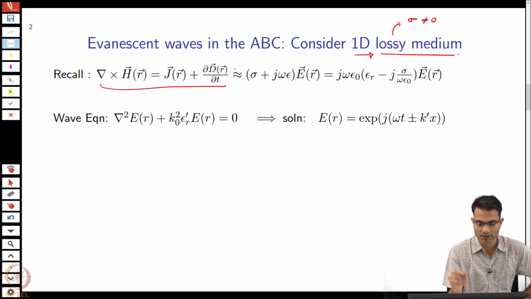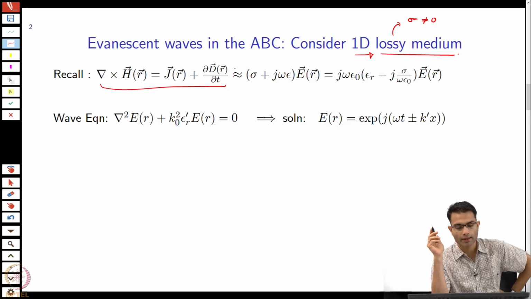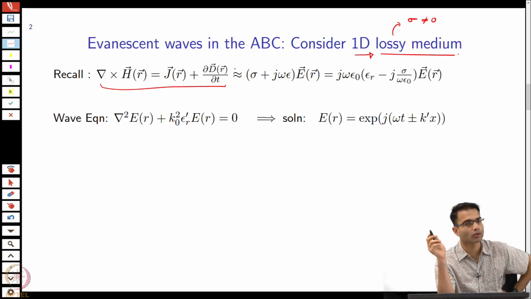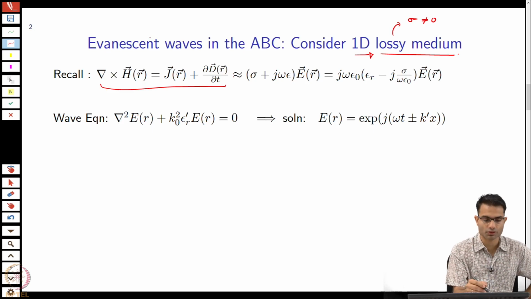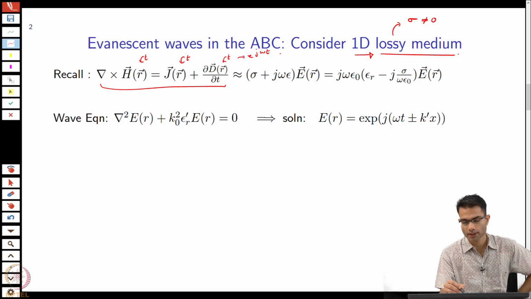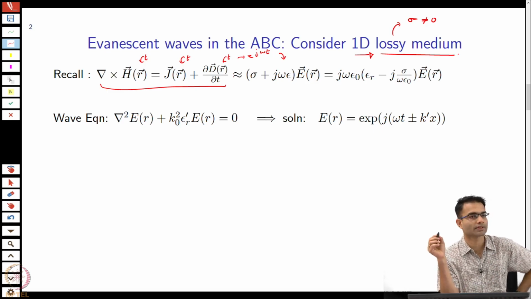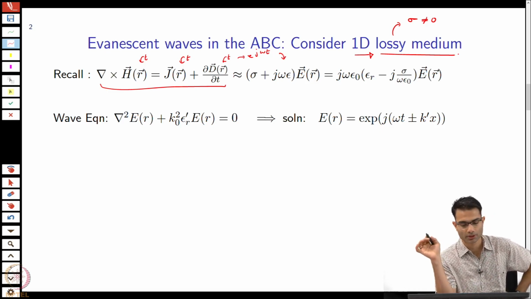So, it is understood. I replace the current term by Ohm's law, okay, and I replace d/dt by j omega, okay, standard, right. All of these equations should have a T dependence, okay, and then we are doing the e to the j omega t approximation, right. So, that gives us this, which all of us have seen during undergraduate courses.